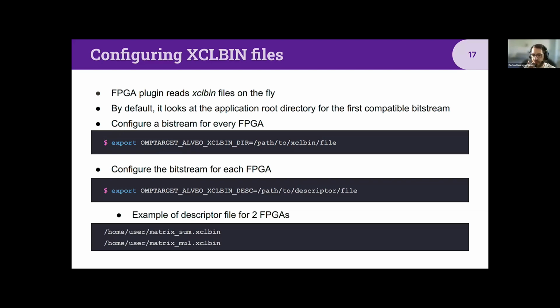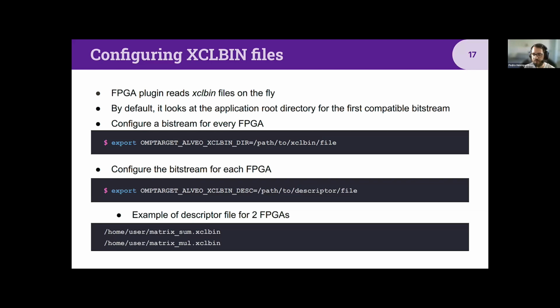Or you can use a descriptor file. That's basically a file where each line is a path to a different bitstream for the FPGAs. So you can configure a set of FPGAs in your system to run one XCLBIN file and a set of other FPGAs to run another XCLBIN file. This is something that our framework provides that other works that try to do OpenMP with FPGAs do not provide.